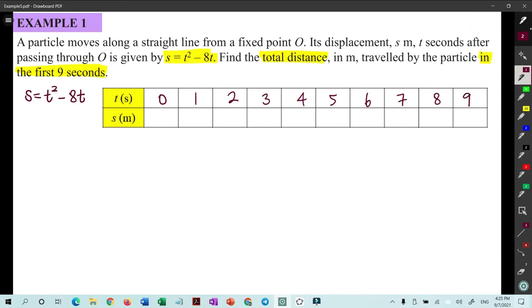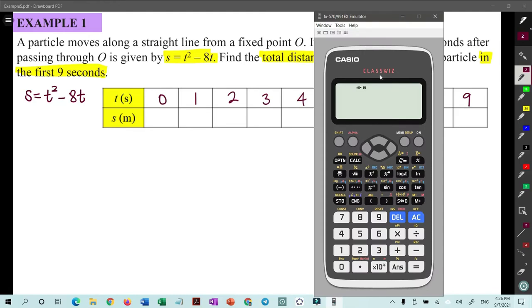And let's calculate the displacement of the particle for the first 9 seconds. How to find these values? We can use a calculator. I'm going to use a 570EX scientific calculator in order to complete this table.